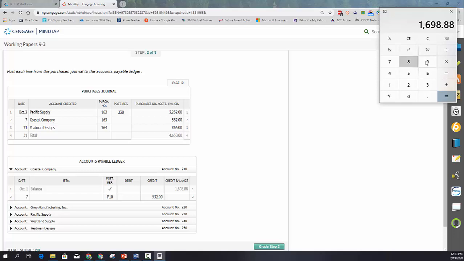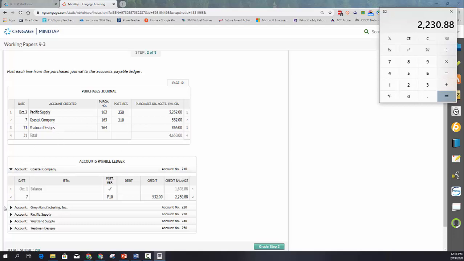Nice new features of our Windows 10 computers. So I have a new balance of $2,230.88. I am adding to what the previous balance is. Last step I do is go through and take my account number and put it back up on top. So I put 210 on line 2.